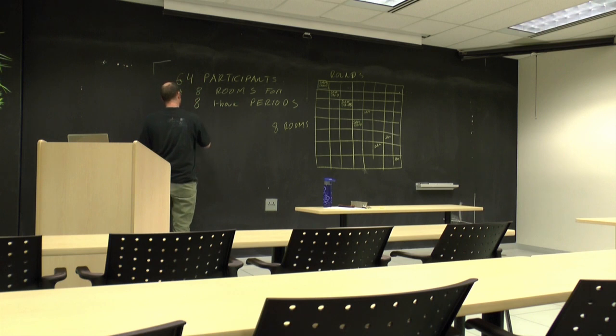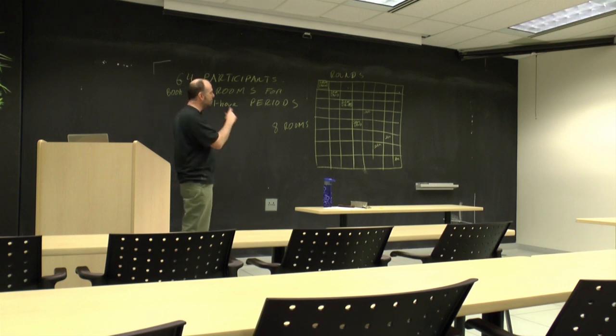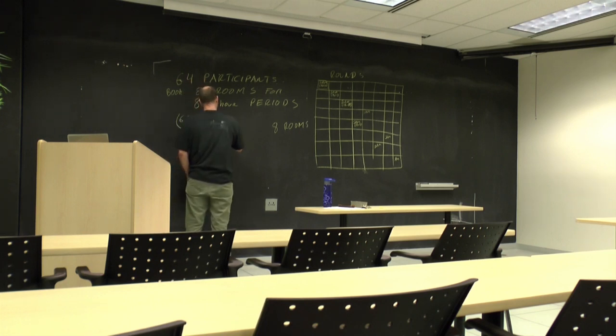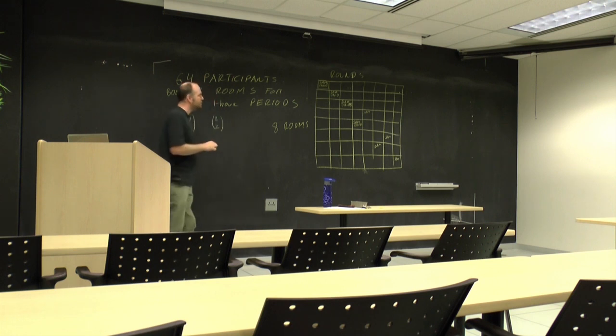There's 64 choose 2 pairs, and in every room, how many pairs are there? Oh, wait, 8 choose 2. 8 choose 2. Well, I should say in every room round. And how many room rounds are there?